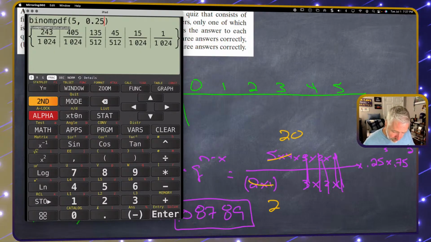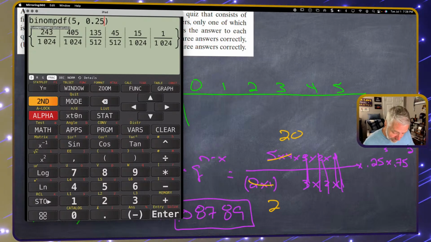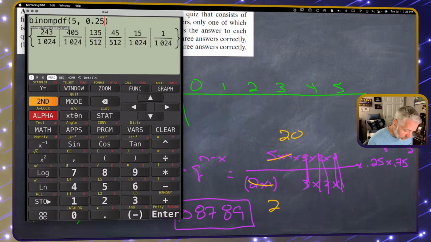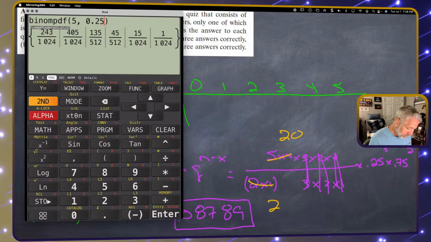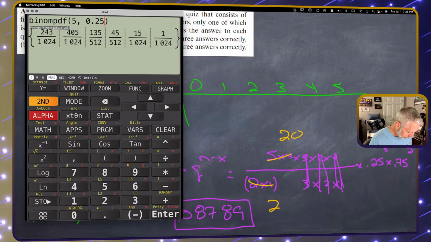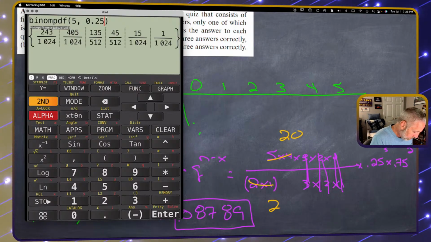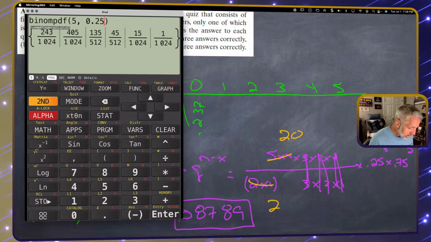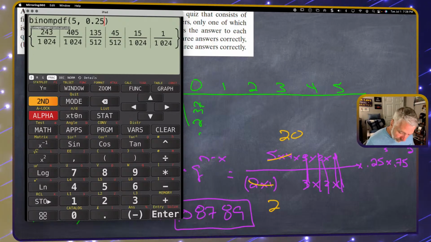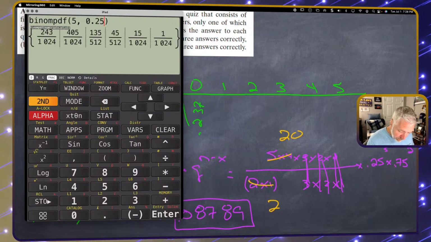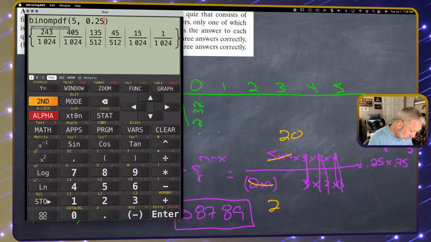So the first one is 243 divided by 1024, 0.237. That was for 0, right? Yeah, 0.237. I'll write it sideways. For 1, it's 405 divided by 1024, 0.396.